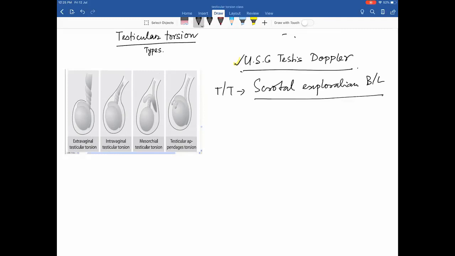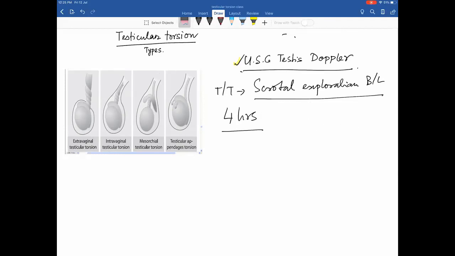It must be done within a golden period of 4 hours, maximum 6 hours, with fixation of the testes. Beyond 6 hours, it is not better to do testis-preserving surgery; it is better to think about an orchidectomy. Now again, talk about the time.